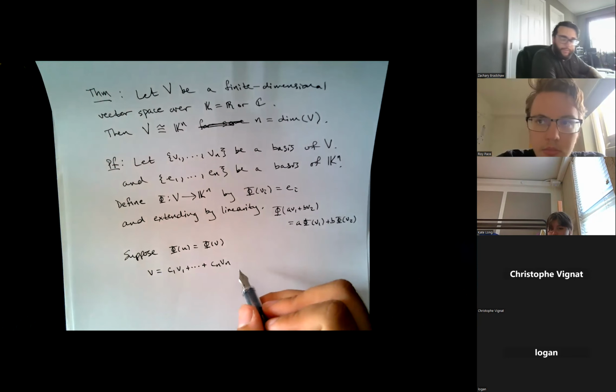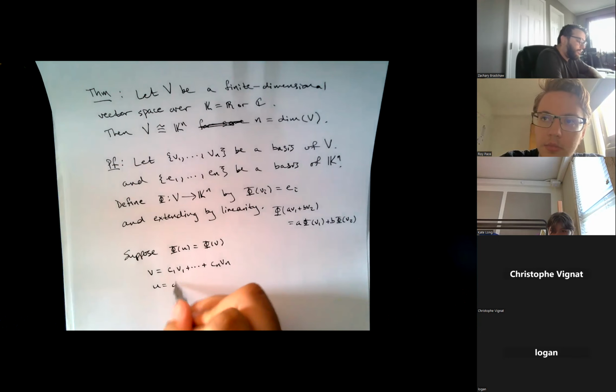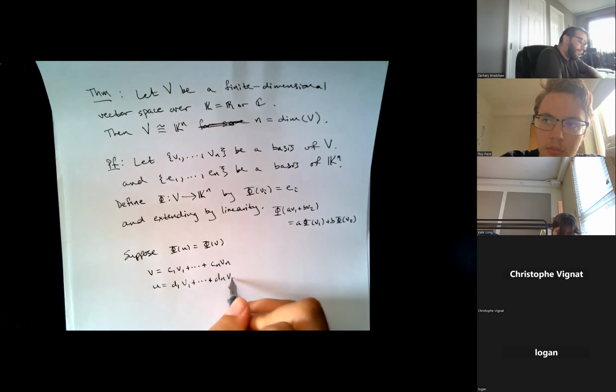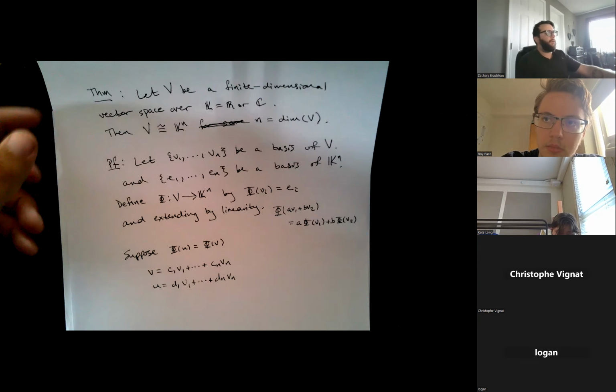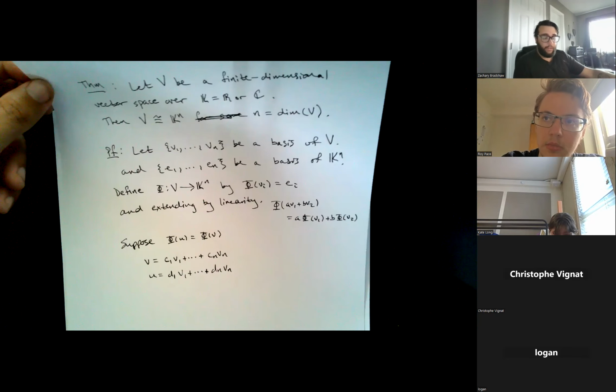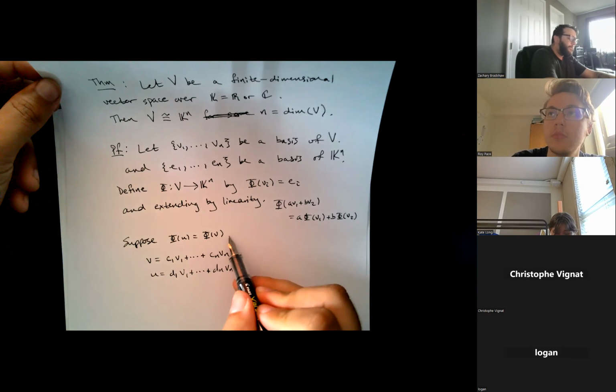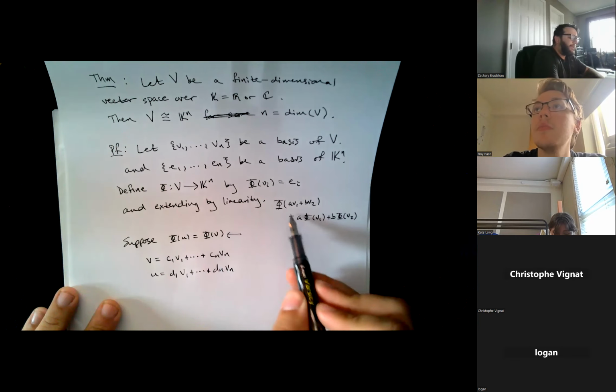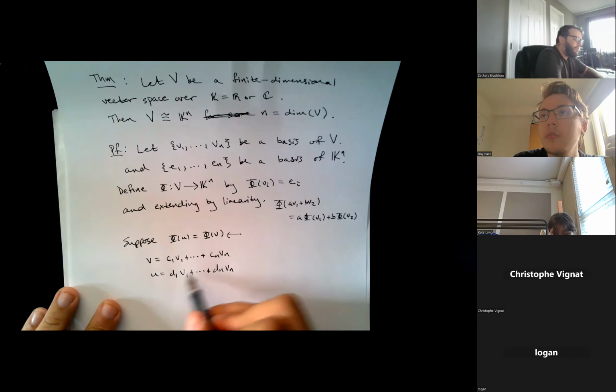And we can do the same for u. Notice the basis vectors are the same, but the coefficients are what's different. And now, what does this assumption imply? Well, we define this map to be linear by construction.